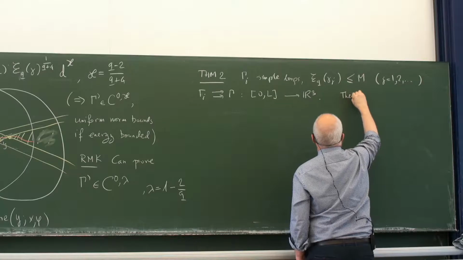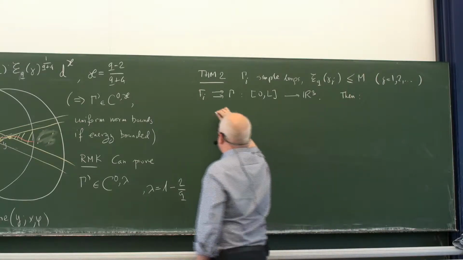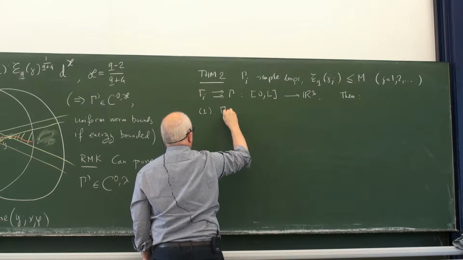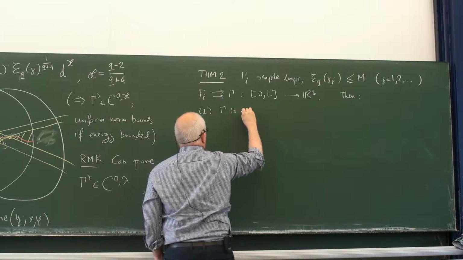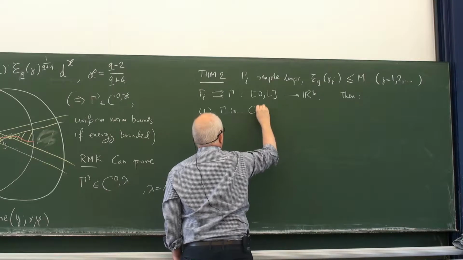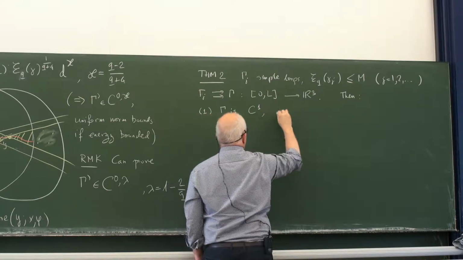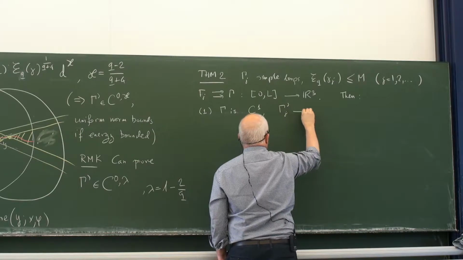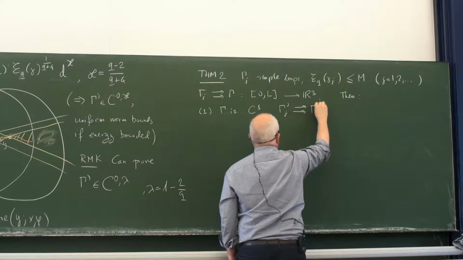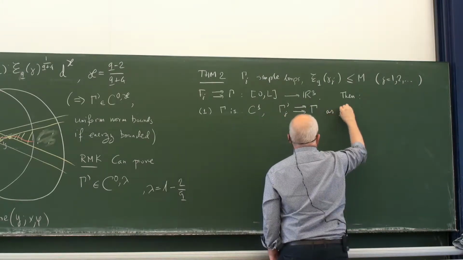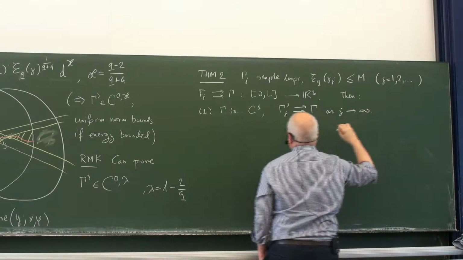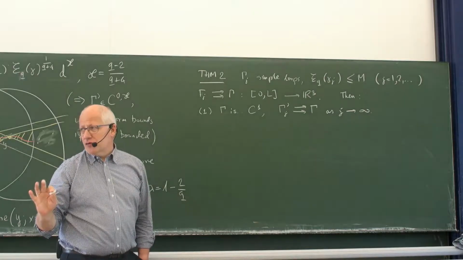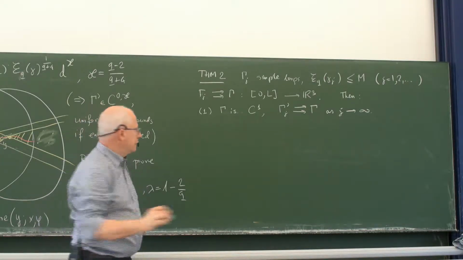Then, first of all, gamma is C^1, and gamma_j prime converge uniformly to gamma prime as j goes to infinity. So if you have energy bounds, you can improve uniform convergence to C^1 convergence.